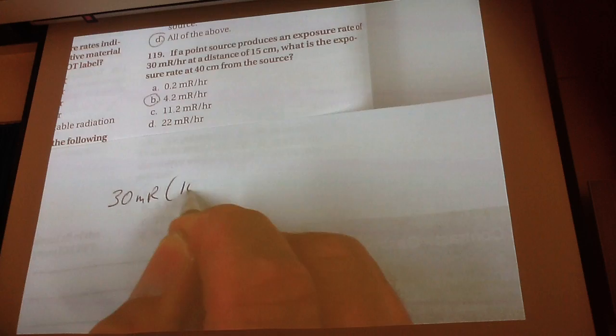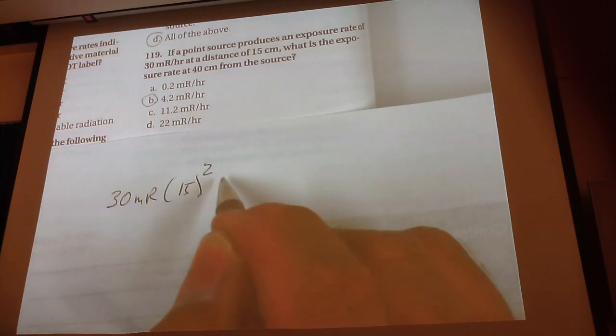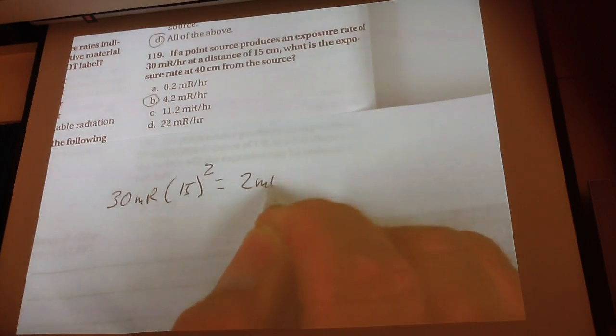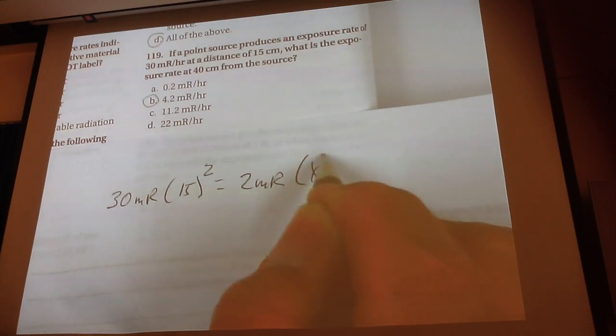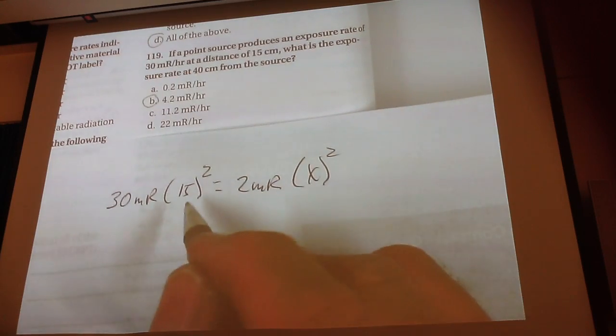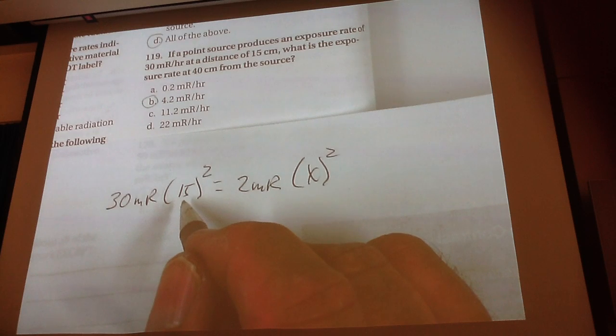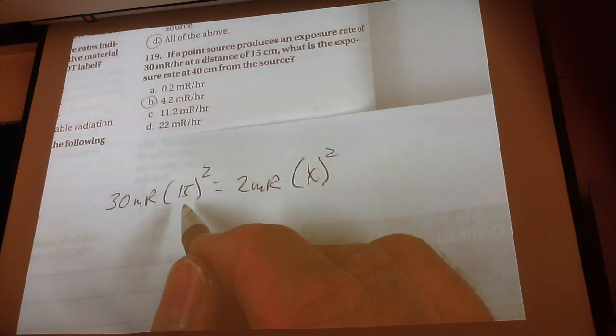So if we change that, okay, we have the 30 MR per hour times the 15 squared, and that would be equal to 2 MR times x squared. Okay, so 30 times 15 squared, I'm guessing that this is what, 165? Is that 165? 6750?